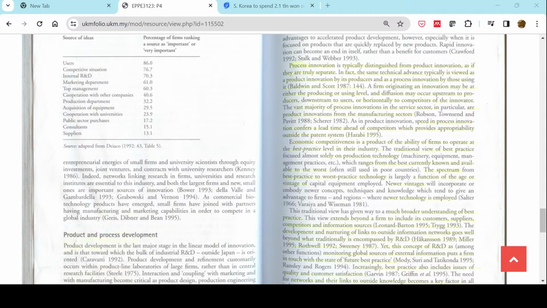Process innovation, I want to define this way. Innovation is a new way of competing. Let me repeat. Innovation is a new way of competing.